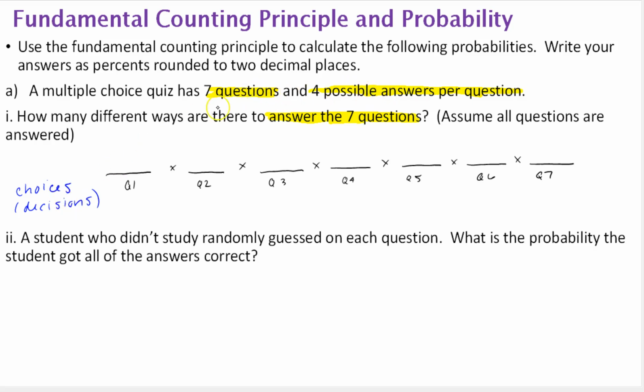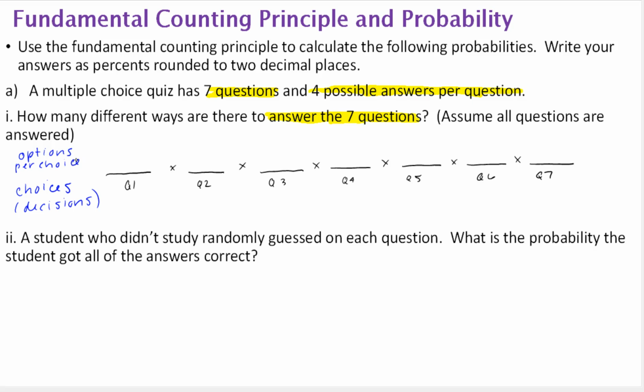So here are the choices how to answer the question, and here we have 4 possible answers per question. So here we have options per choice. And I want you to think about these as you work with the fundamental counting principle, because frequently, options and choices, we use them interchangeably or synonymously.